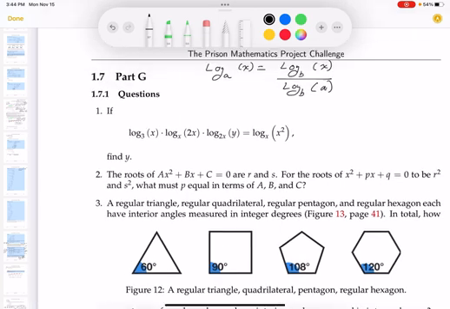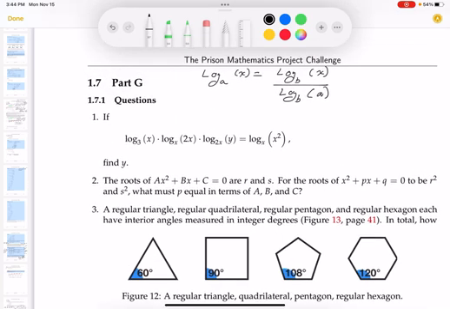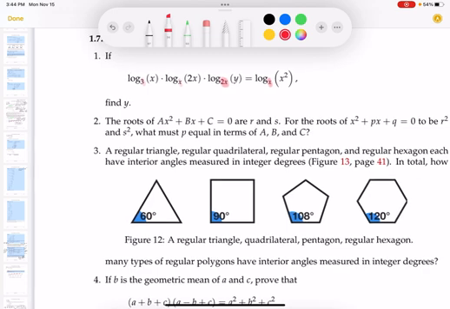Now, someone says, why do you want to do that? I got different bases all over the place. Let me point out what I mean by that. This is base 3, base x, base 2x, and base x. I'm going to rewrite everything in terms of base x.